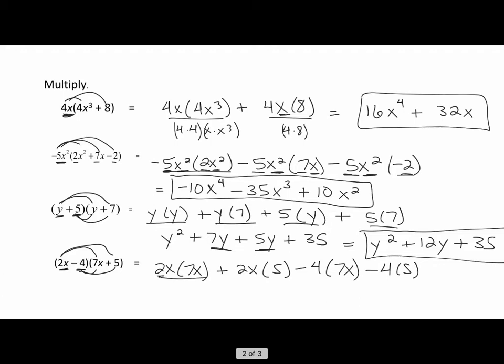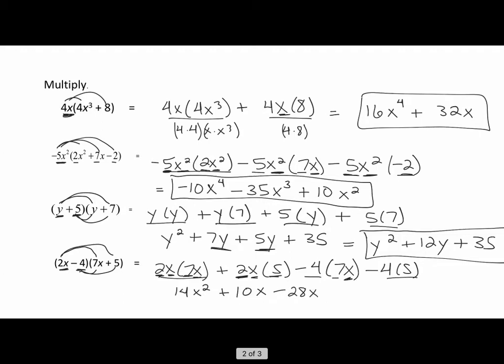So multiply the number factors. 2 times 7 is 14. X times x, we'll add the exponents to get x squared. In the second term, we have to multiply 2 times 5, that's 10 times x. And the third term, negative 4 times 7 is negative 28 times x.